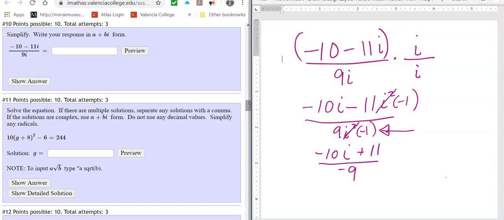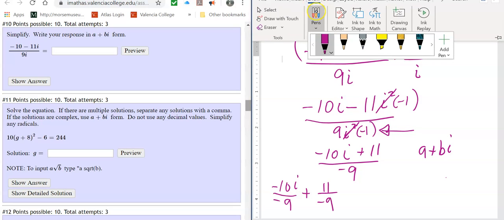So now this is correct, I rationalized the denominator, but I have not written it in the complex form of a plus bi. So I'm going to divide each term by the denominator. So I'm going to get -10i divided by -9, and then plus 11 divided by -9. You can see what I'm doing.